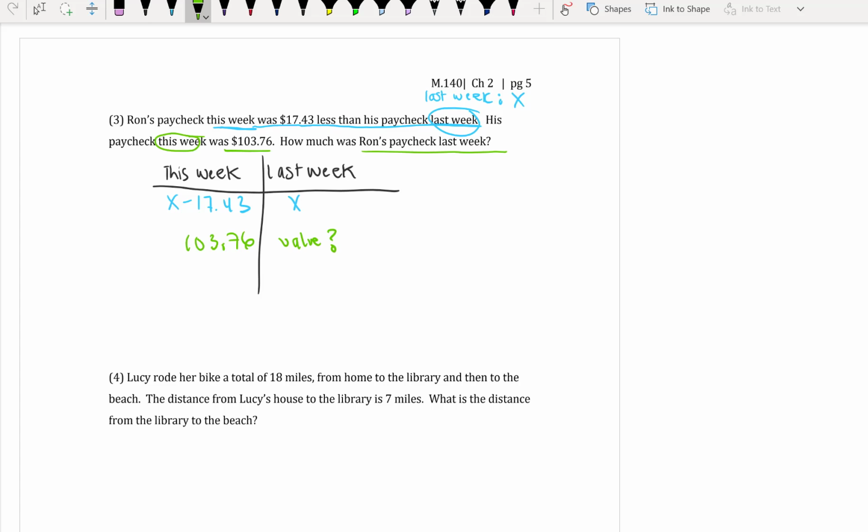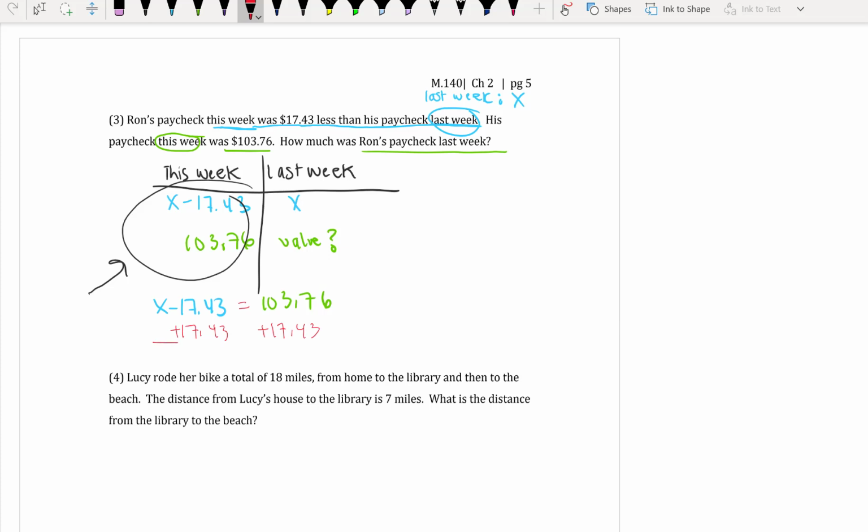So what we have is this equation. So we know that we have X minus 17.43 is going to equal the value of 103.76. So now I'm going to add 17.43 to both sides.